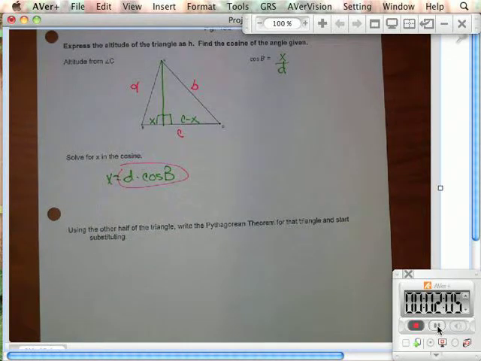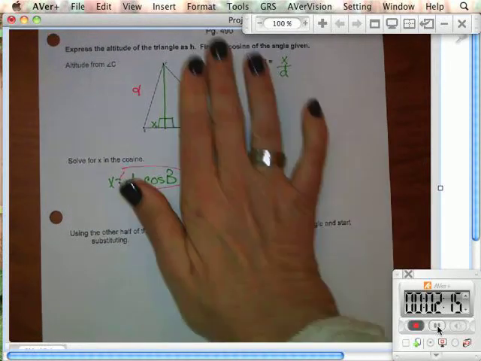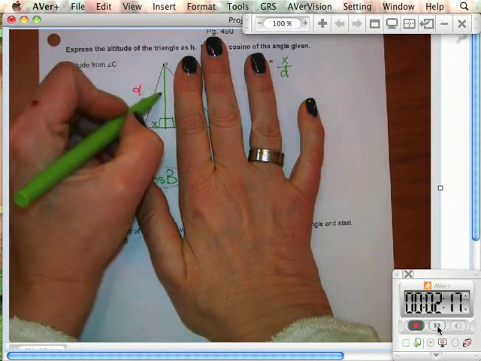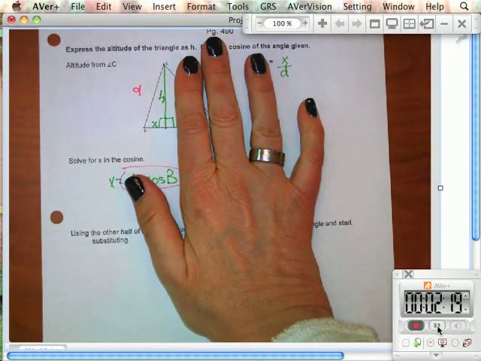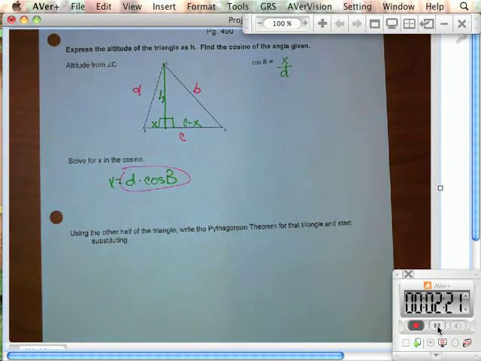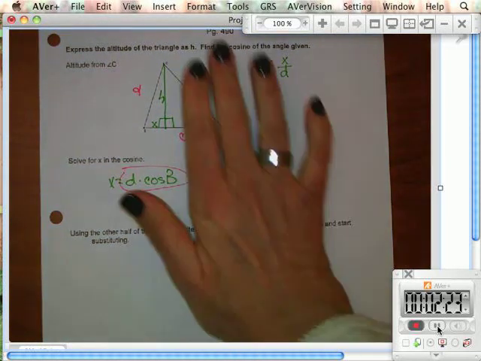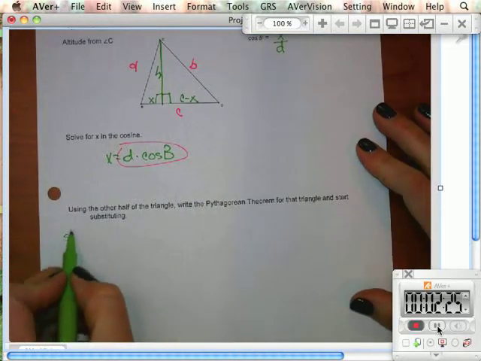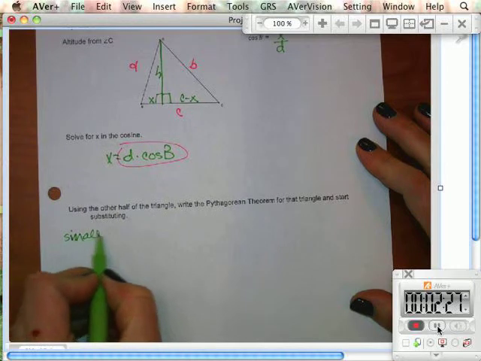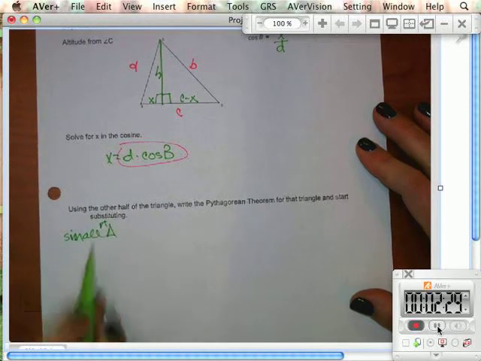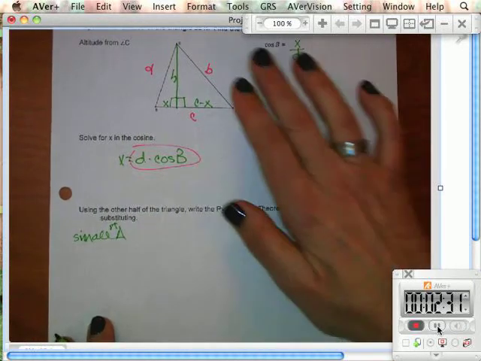All right. Use the other half of the triangle and write the Pythagorean theorem for that triangle and start substituting. Well, we actually have to write the Pythagorean theorem for both of these triangles. Oh, I forgot to put the H here. That's our height. Okay. So we're going to start with the small triangle and write the Pythagorean theorem for the small right triangle.